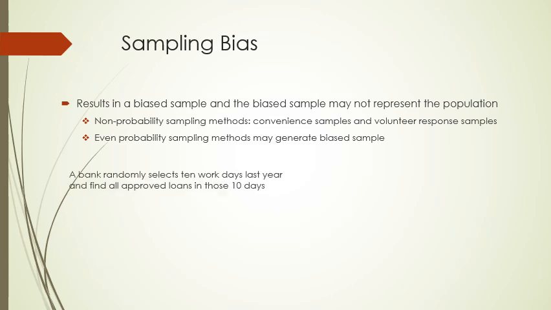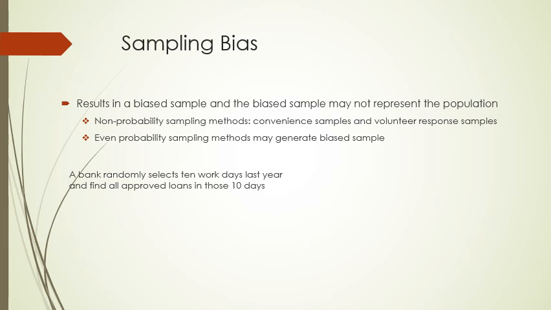First, a bank randomly selects 10 workdays in the last year and finds all approved loans in those 10 days. This is the cluster sampling. Let's say the bank would like to investigate loans in all U.S. states. However, its organic loan data are all from North Carolina state.